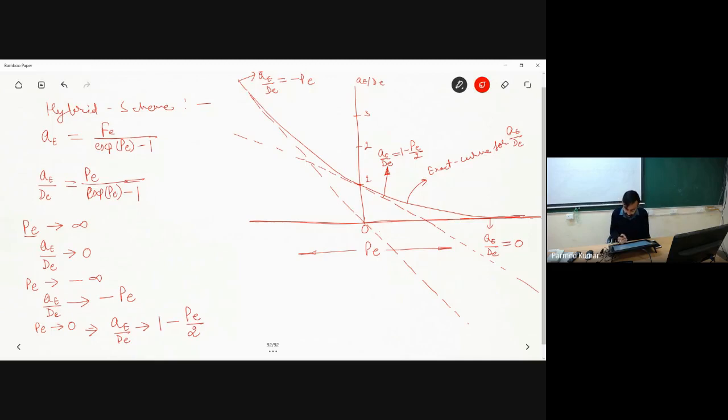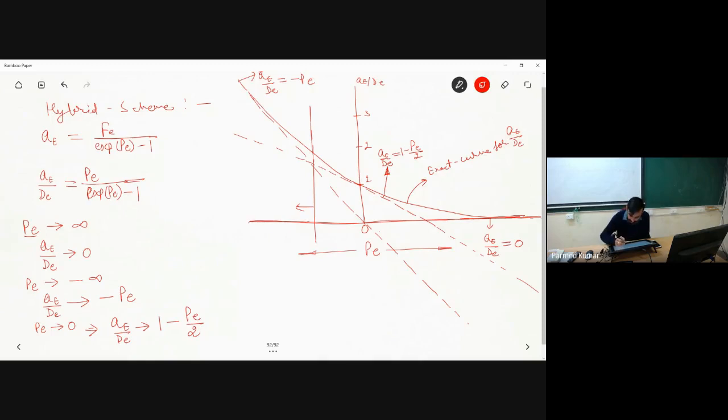But one thing you can observe over here, in these three lines, for example, let me now talk about this region. In this region, you can see the value of this line AE by DE equal to 0, that is something like this.